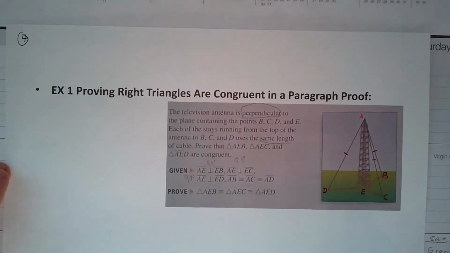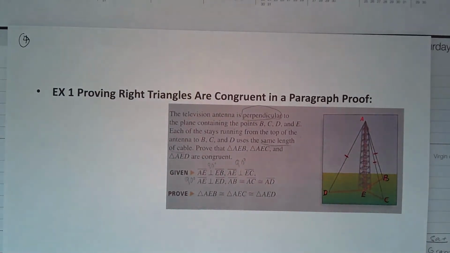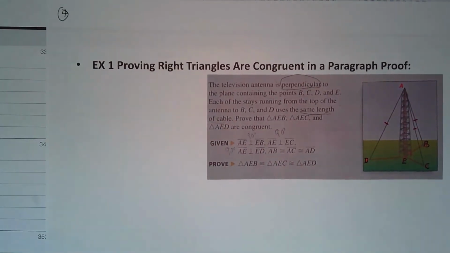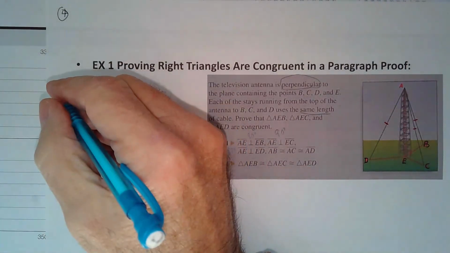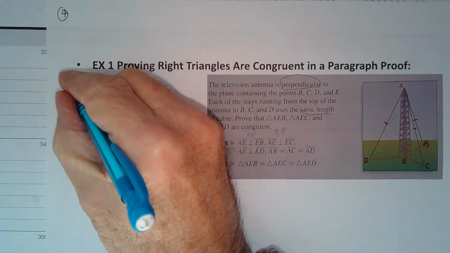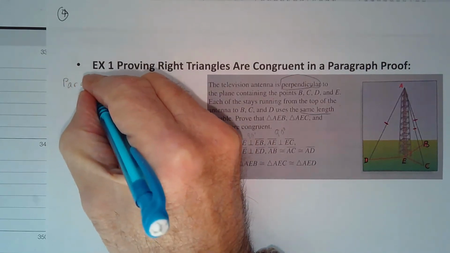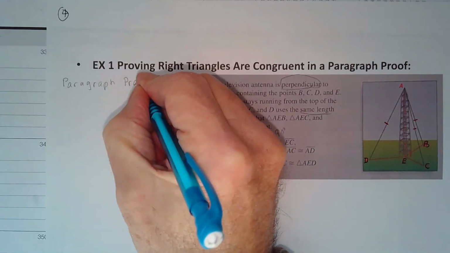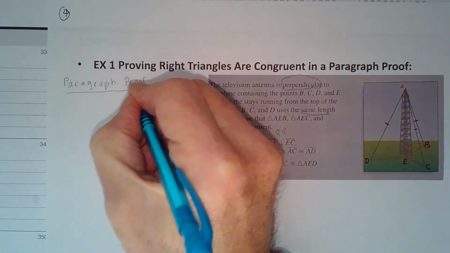So now what I want to do is write what the given is telling me, and then let me just move this over here a little bit so that I can do this comfortably. And then what's the proof for it. So here's a paragraph proof. I'm just going to write paragraph proof. All right.